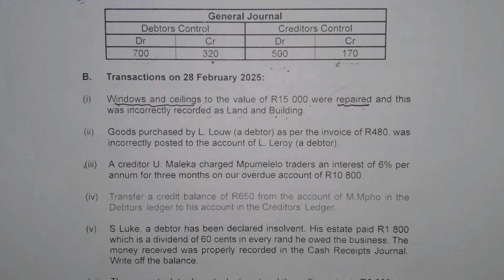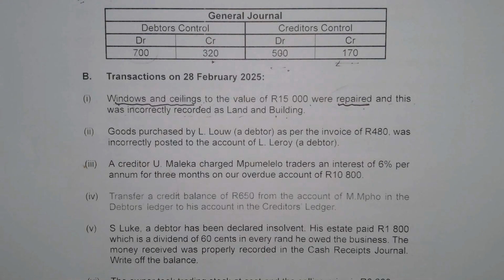But that doesn't add value to the land and buildings. That is actually a cost that you suffer, because when you sell the premises, they do not say, oh, you put in a ceiling, you put in fresh windows. No, they'll just value it based on the area and the current market price of that place when you're selling it. So it doesn't add to the cost. It doesn't mean that since you repaired, you can add to the value of the land and buildings.